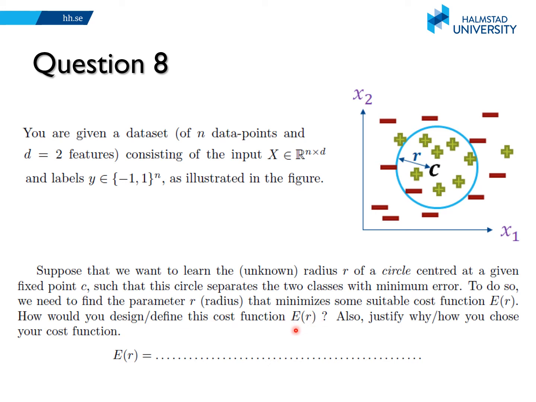So there is only one parameter R, right? C is given to you. And you want to design the cost function E of R that we can later minimize in order to find the best value of R. So think about it and try to write it down. There is not only one solution, but try to come up with any reasonable cost function for this problem.